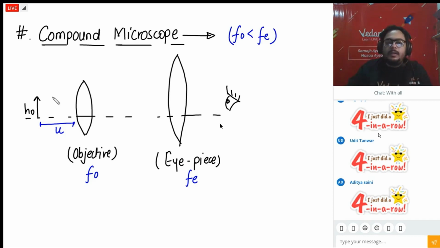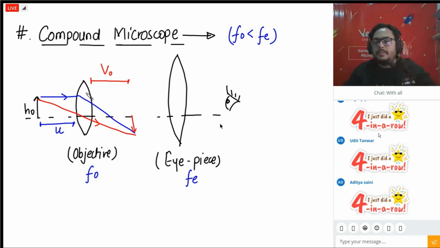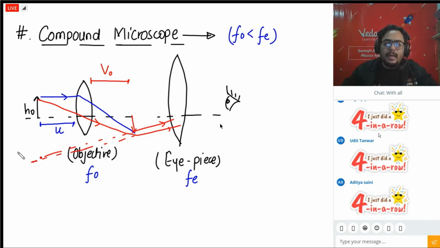Suppose the rays are moving like this, it will converge and obviously an image will be formed here. It will be inverted. So let's say an image is formed at this location, which I can call VO, the image formed by the objective. Then this falls on the eyepiece, and finally an image is formed which is enlarged and also inverted. Let me say this image is finally formed at a distance of D from the eye. Then only will you see it clearly.